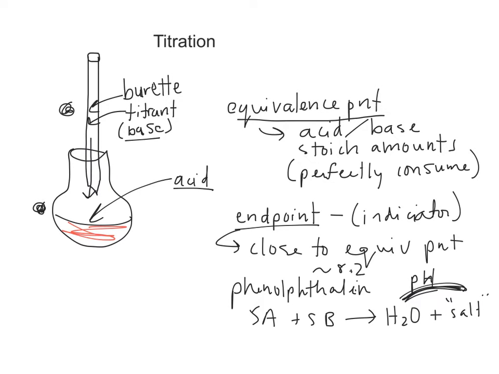That's why last year we wanted you to hit the point where you just started to see that pink color, closer to a pH of 7. The situation is when you have a weak acid or a weak base involved in a titration, you have to worry about the equilibrium system, so that's where we're heading.